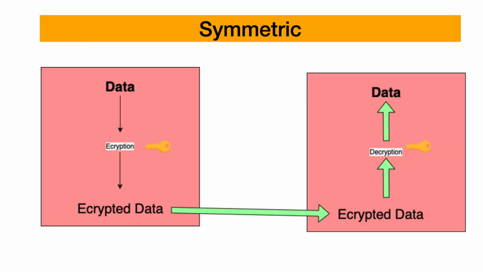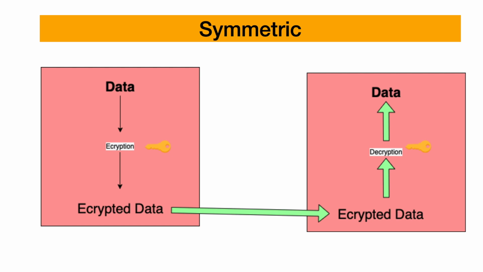So the first thing is symmetric. What does that mean? What exactly is symmetric encryption? The data is encrypted on one side, as you can see in the diagram, using a special key, and then the encrypted data is sent to the receiver or client, and that receiver decrypts the received data using the same key.